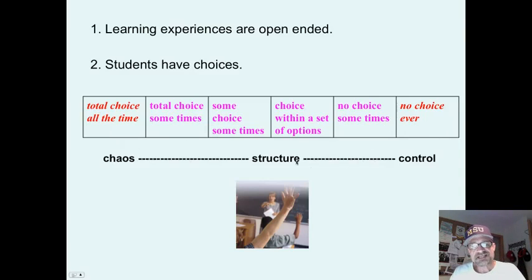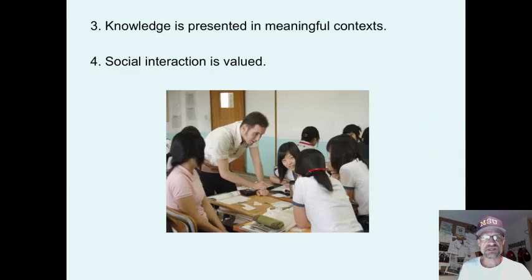Nobody likes that. There's this nice middle ground between chaos and control, which is called structure. And depending on the students and the class, some students can handle more choices, some students can handle fewer choices. But students do have choices. There's not one degree of choice that's right for every situation.